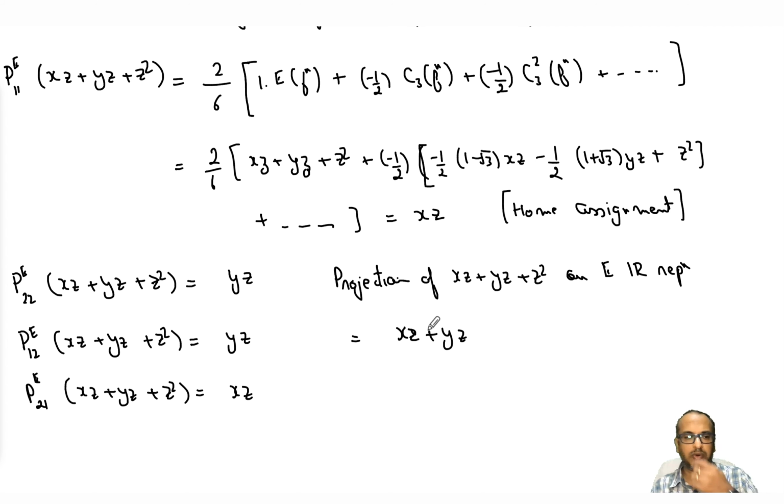Okay? And if you want to normalize, you can divide by the square root of the sum of squares of coefficients, which will give you 1 by root 2. So this is how the projection of this will be calculated on a given IR representation.